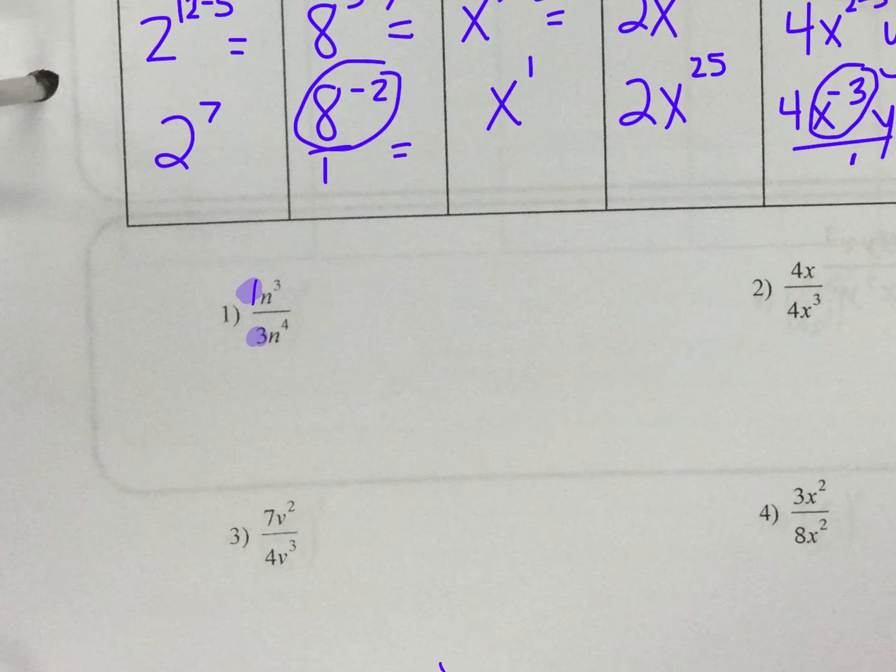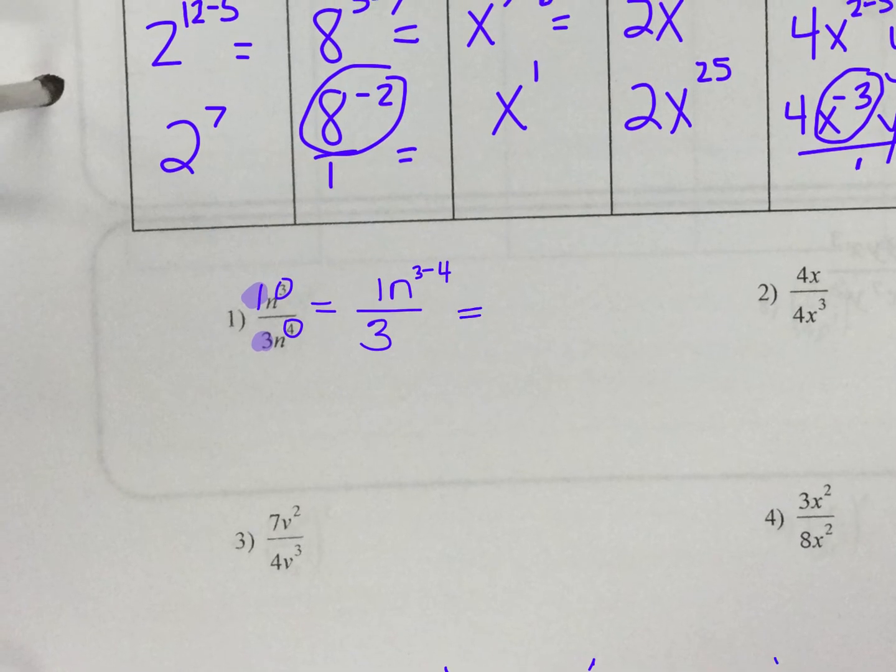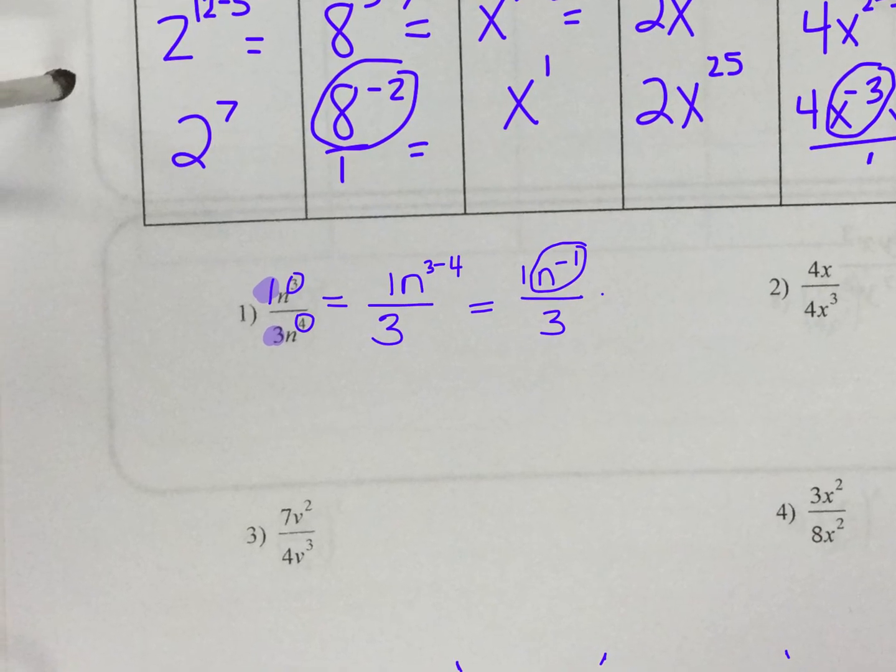And we are not dealing with ugly decimals, so we're just going to leave it 1 over 3. Okay? But then I'm going to write my n on top, and I'm going to say 3 minus 4. So now I have 1 n to the negative 1 over 3. This guy's illegal. The 1 stays on top, 3 stays on bottom, and n to the 1 goes to the bottom. So that is your final answer for number 1.